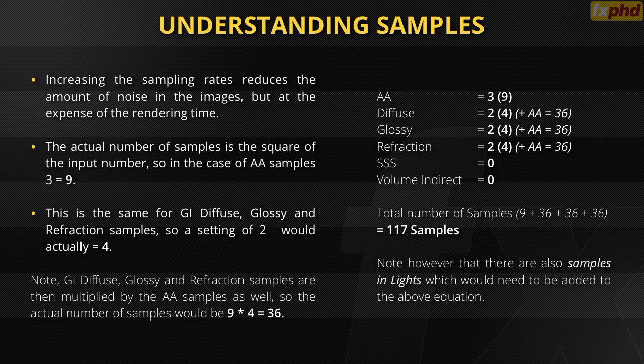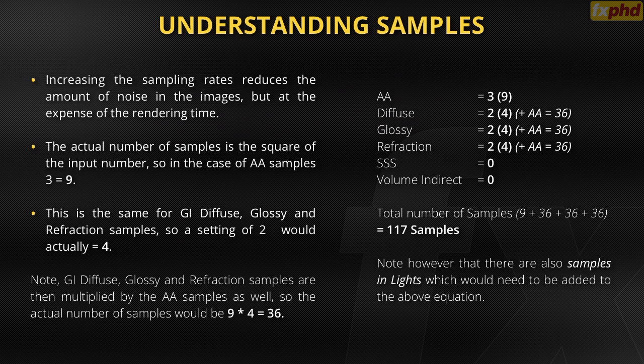So if we had 3 in the AA samples, we know that gives us 9, and if we had 2 in, say, the diffuse, glossy and refraction, each one of those would be 4, so we're actually looking at 9 times 4, so that would give us 36 samples just from increasing, say, diffuse to 2 and anti-aliasing to 3. Okay, so this is really the key.